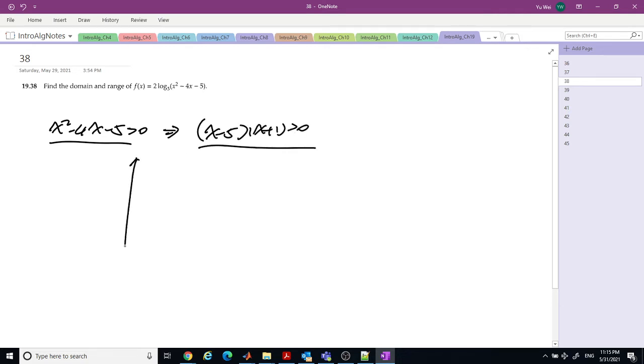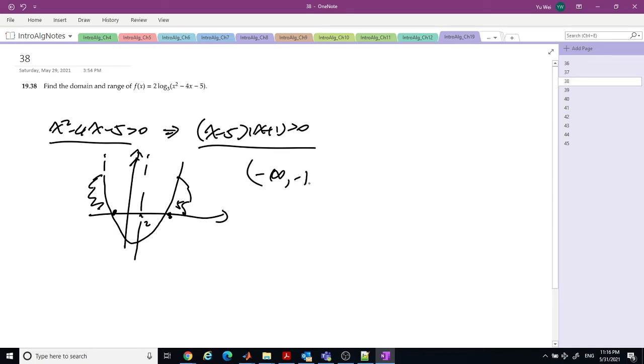Since this is a parabola that opens up, with roots at -1 and 5 and the center at 2, it's positive outside the roots. So the domain is from negative infinity to -1, not inclusive, union 5 to positive infinity.